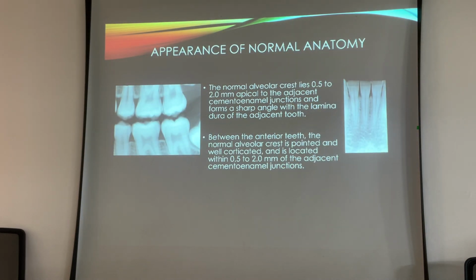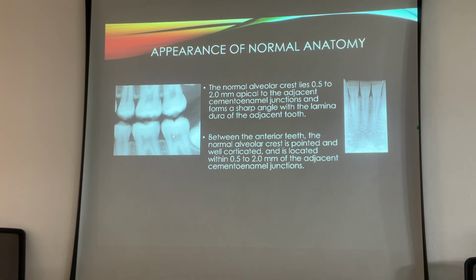Okay, this is the normal anatomy that you need to remember in your mind. The normal alveolar crest lies 0.5 to 2.0 millimeter apical to the adjacent cemento-enamel junctions and forms a sharp angle with the lamina dura of the adjacent tooth.